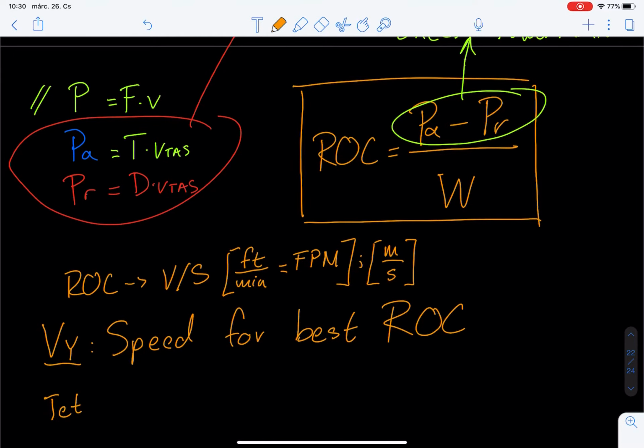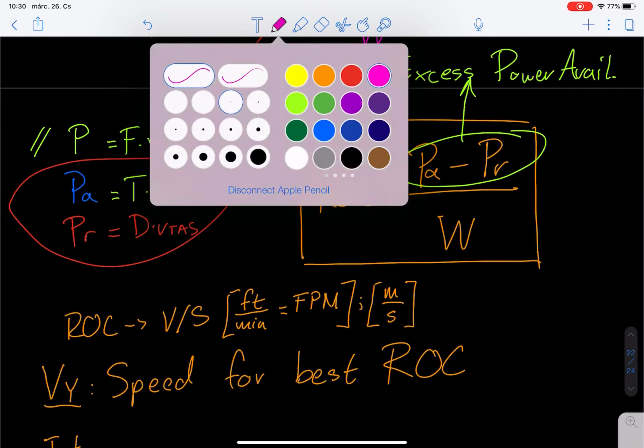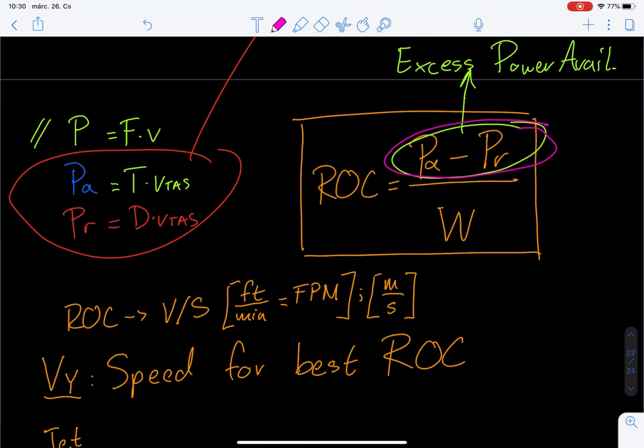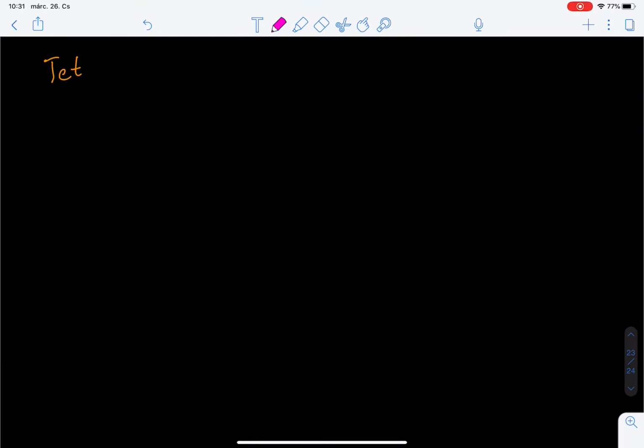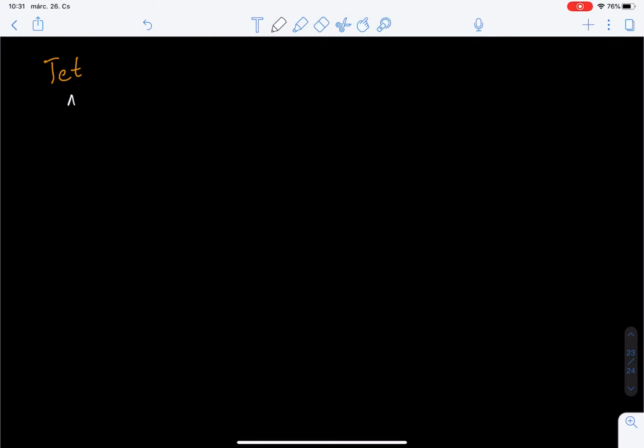But what's going to affect the rate of climb pretty heavily is the excess power available. To understand how that changes for the different types of propulsion and influencing factors, we'll need to plot the power available and the power required for these different kinds of propulsion. So let's go ahead and do exactly that.